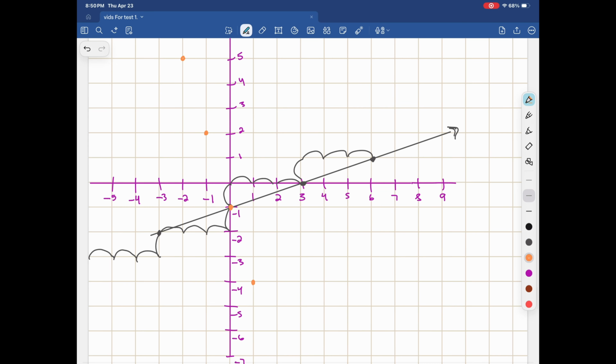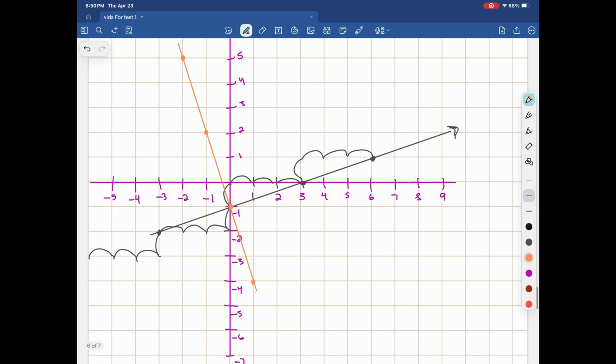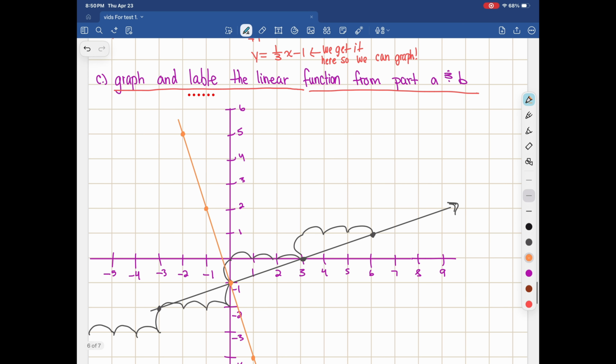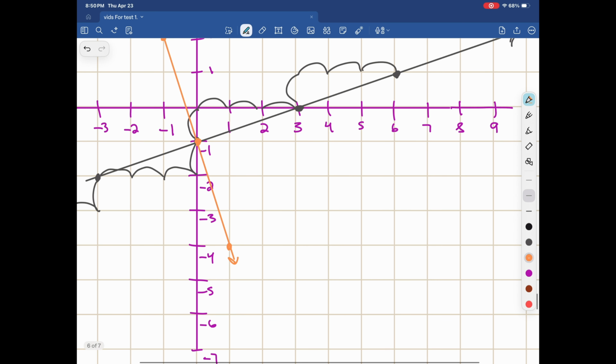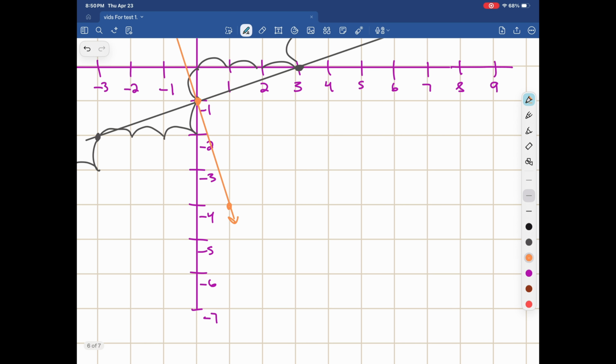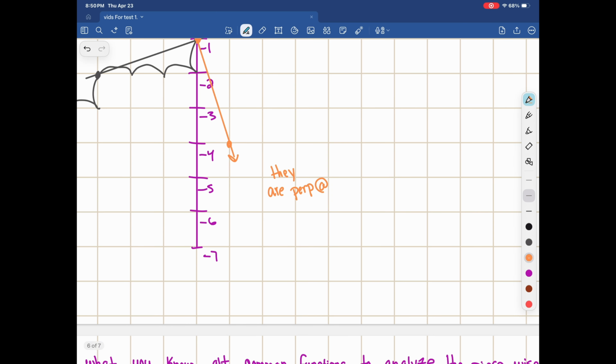And then you'll see where the line intersects. And we mark the point where it's perpendicular at.